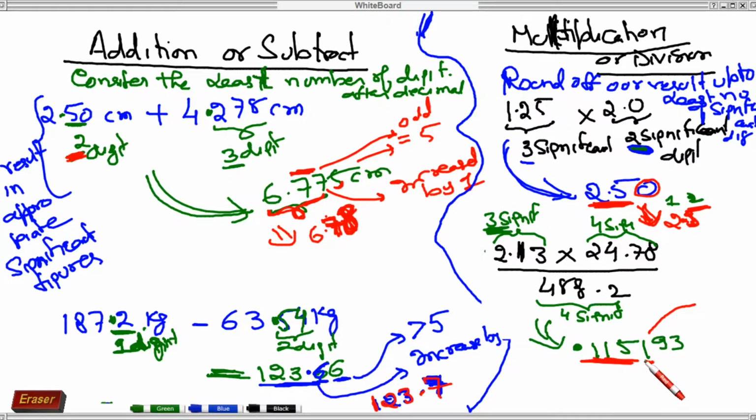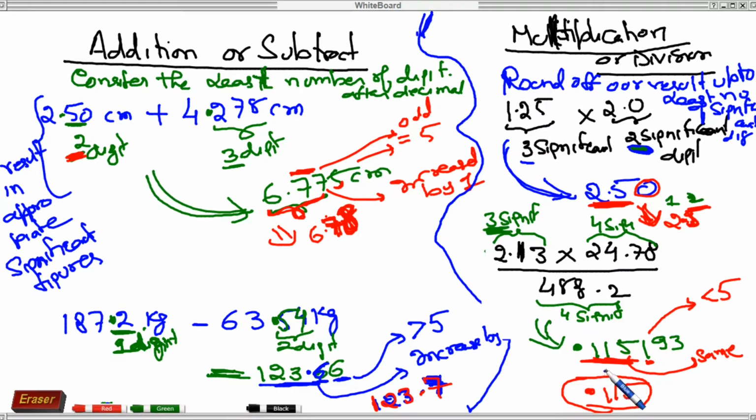So we check the next digit. Here it is less than 5, so the digit remains the same. This was the rule we discussed earlier. So our final result will be 0.115. Here it has only 3 significant digits.